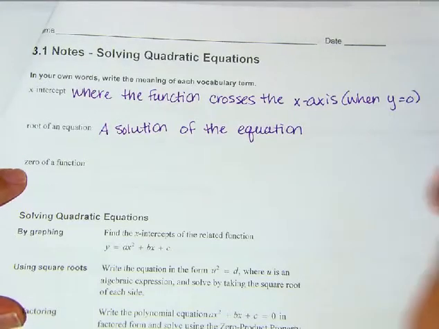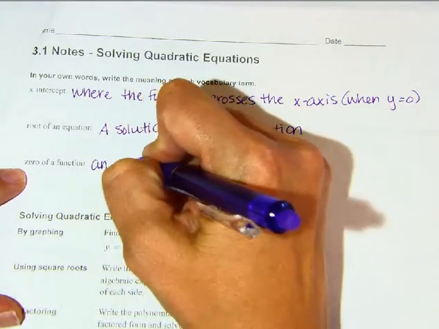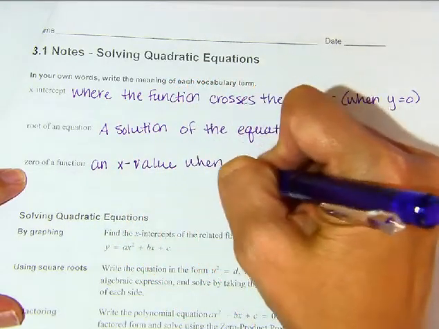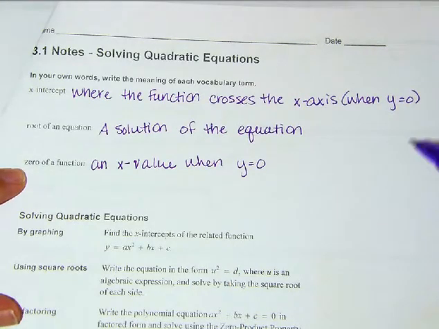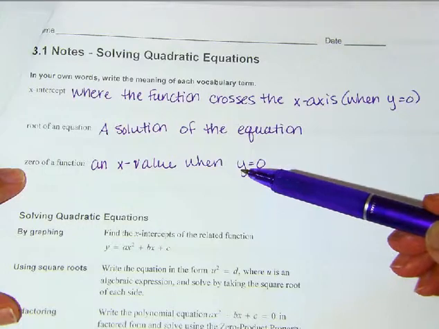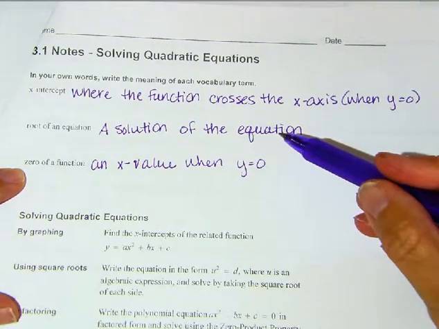And the zeros are the x values, so an x value when y equals 0. So intercepts and zeros should look similar. If y is 0, solving an equation would be a solution, so a root.